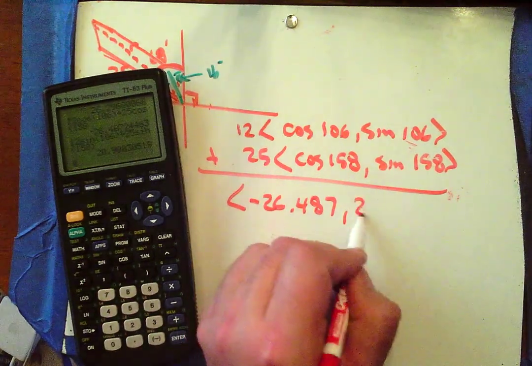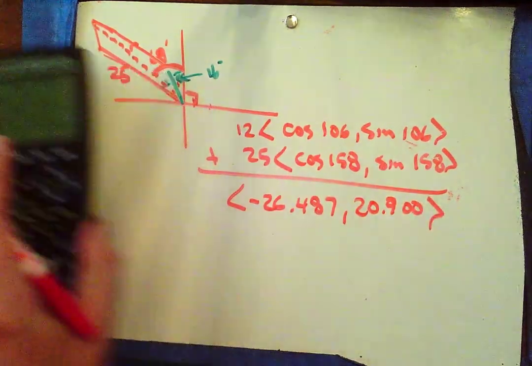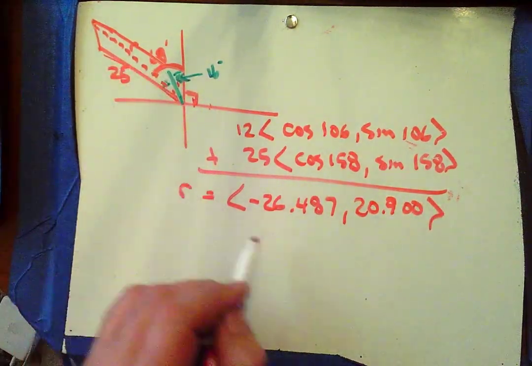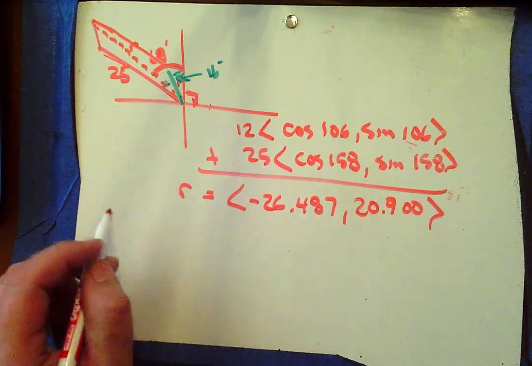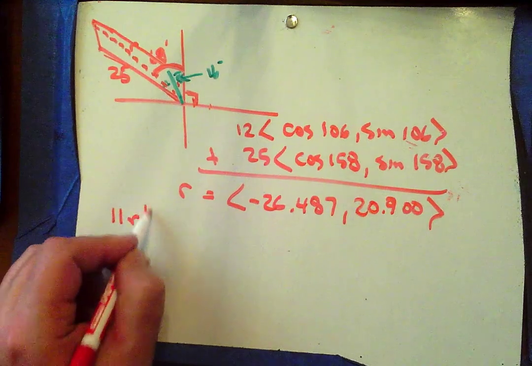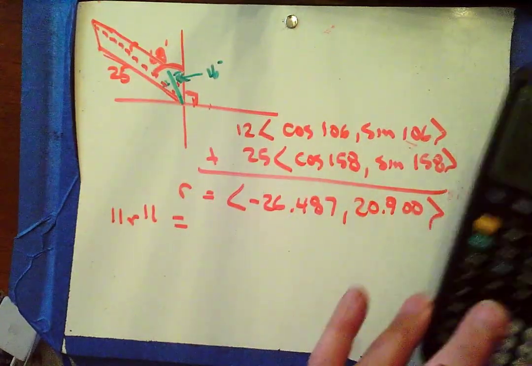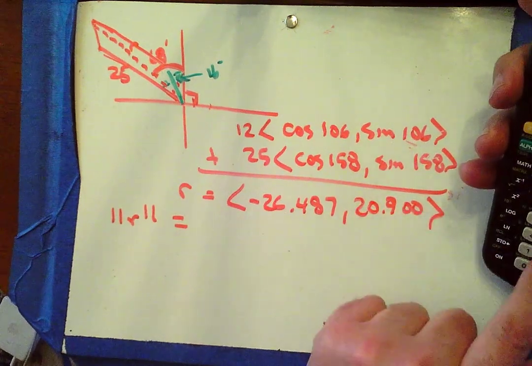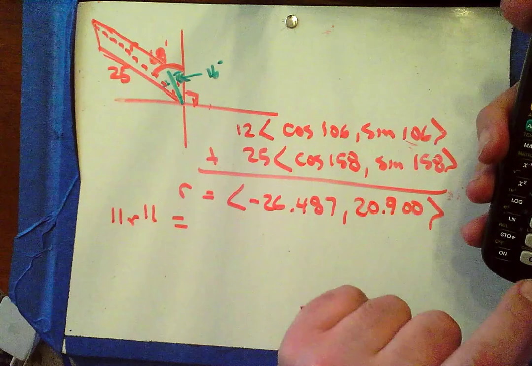And that gives me 20.900. Okay, so there's the component form, and it is in second quadrant because the x's are negative and the y's are positive. The magnitude of r, how fast is the boat actually going? I wonder if you think it'll be more than or less than the actual 25 that it thought it was going.